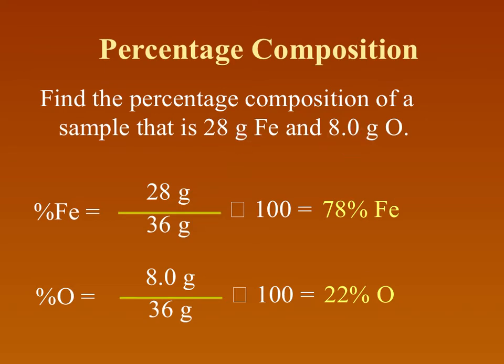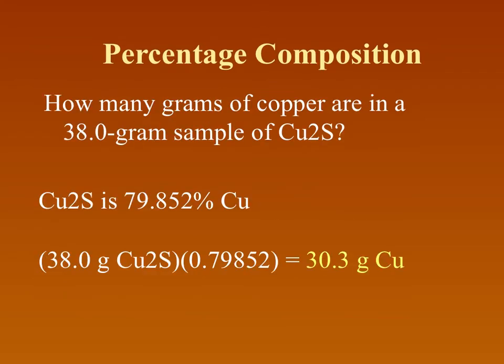It's usually the other way around, where you have a lump sum of the compound, such as this one. So this one, you need to figure out how much copper is in a lump sum, 38 grams of this copper 1 sulfide. Well, because of the formula, you know that it's 79.8% copper.